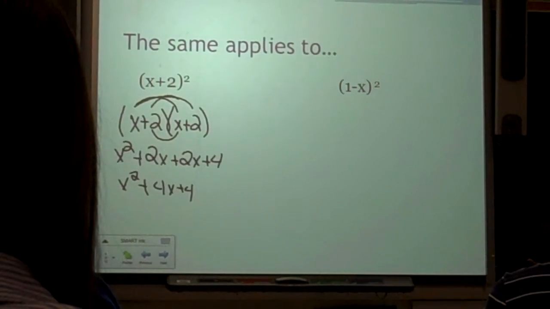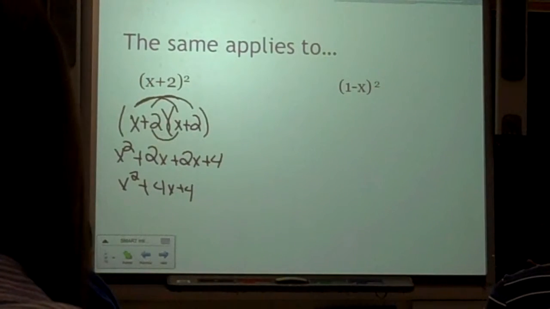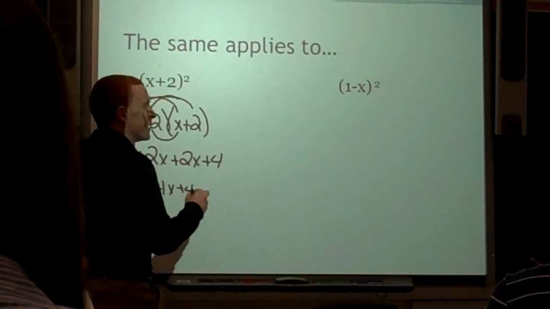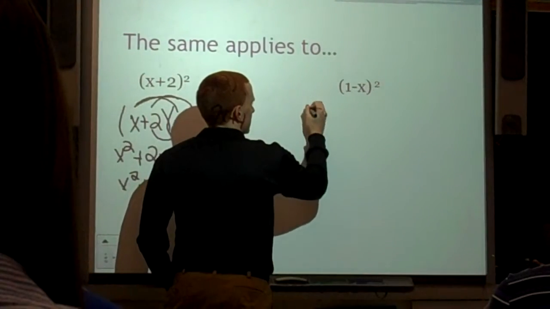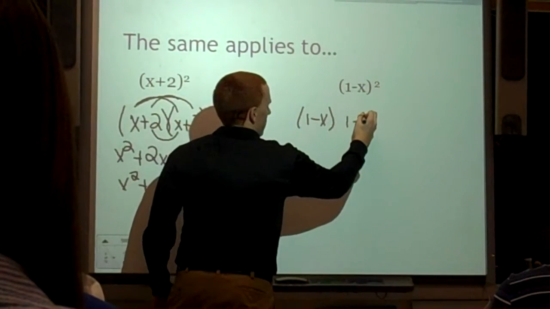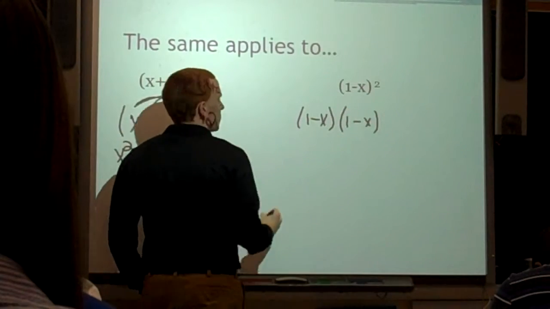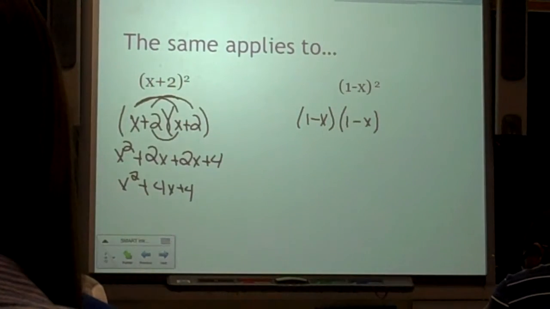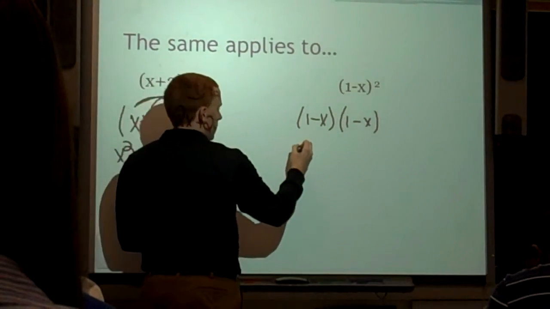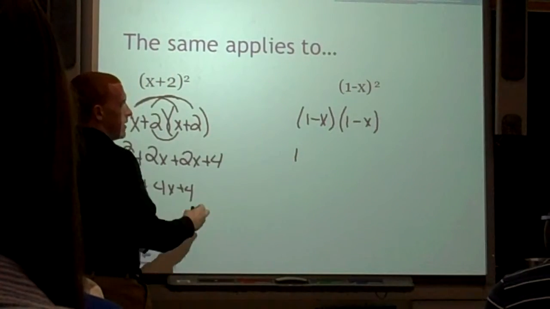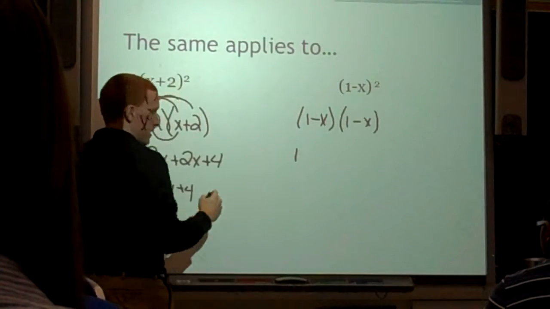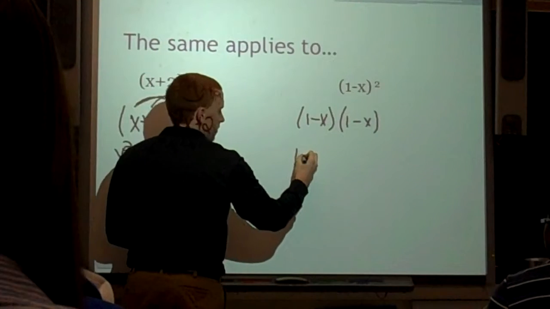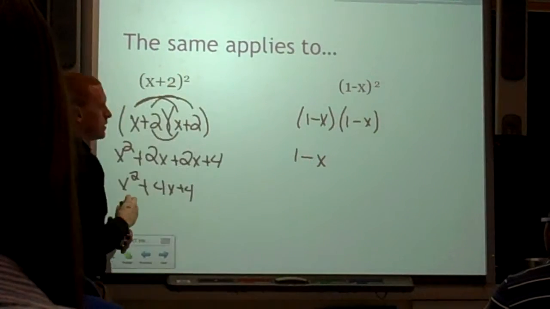The stuff inside twice. That's what you meant by that. I was confused by what you meant. That's on me. 1 minus x times 1 minus x. Okay, so FOIL again. 1 times 1, 1. 1 times negative x, negative x.